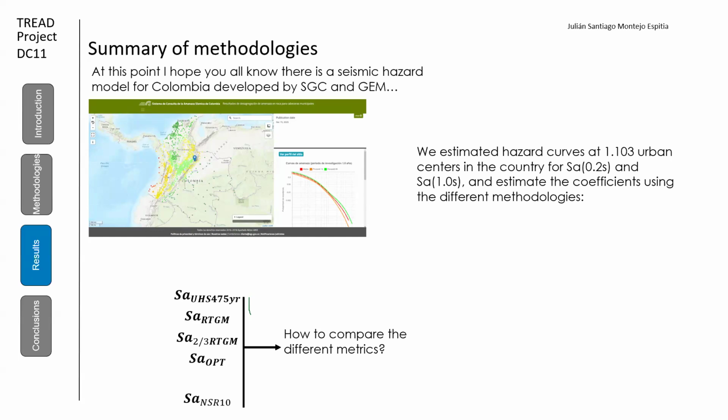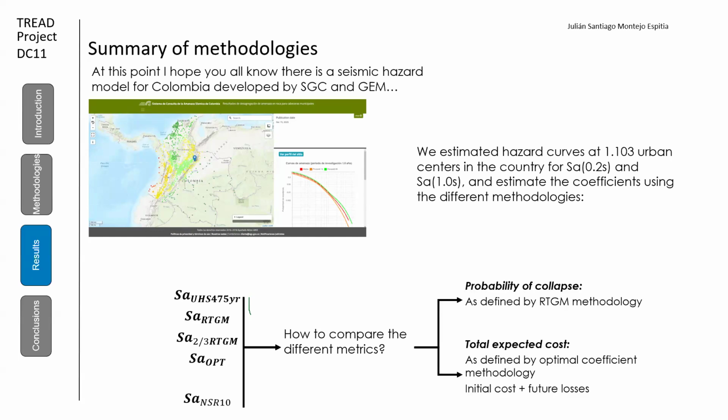But if we compare the metrics in terms of acceleration, maybe it is nothing. What does a difference of 0.1 g mean? I don't really know. So we compare this in terms of the expected probability of collapse using the different methodologies and the total expected cost from the theory behind the different methodologies.